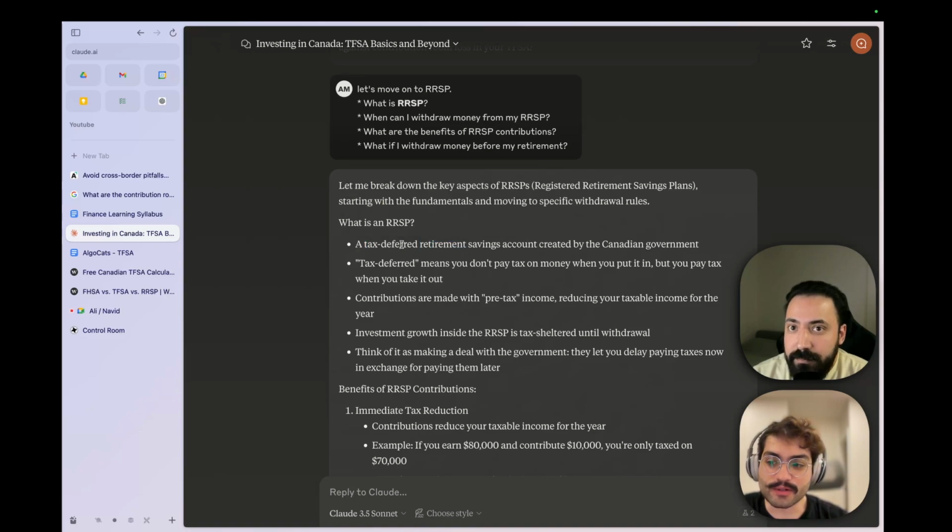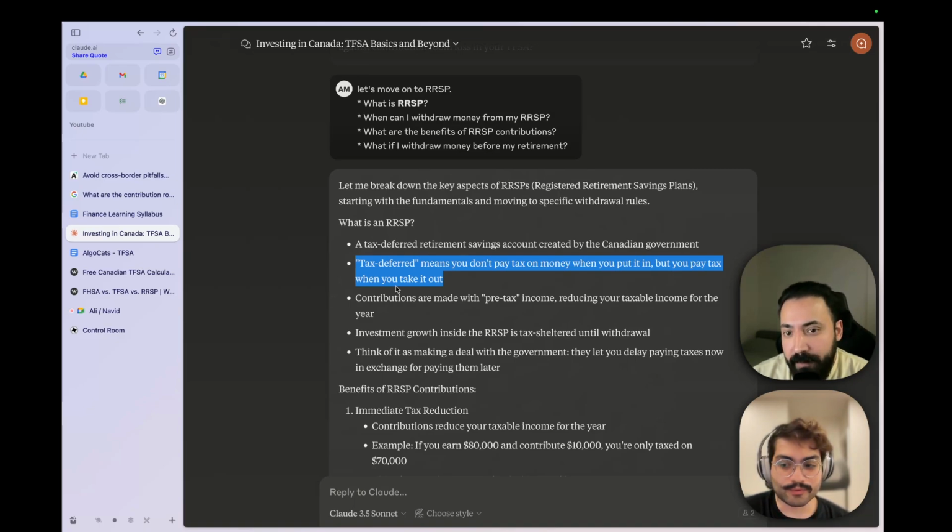So this is a new term. It means you don't pay tax on money when you put it in, but you pay tax when you take it out. Unlike TFSA, we got this question: can we ask our employer to directly put the money in RRSP? The answer is no for TFSA.